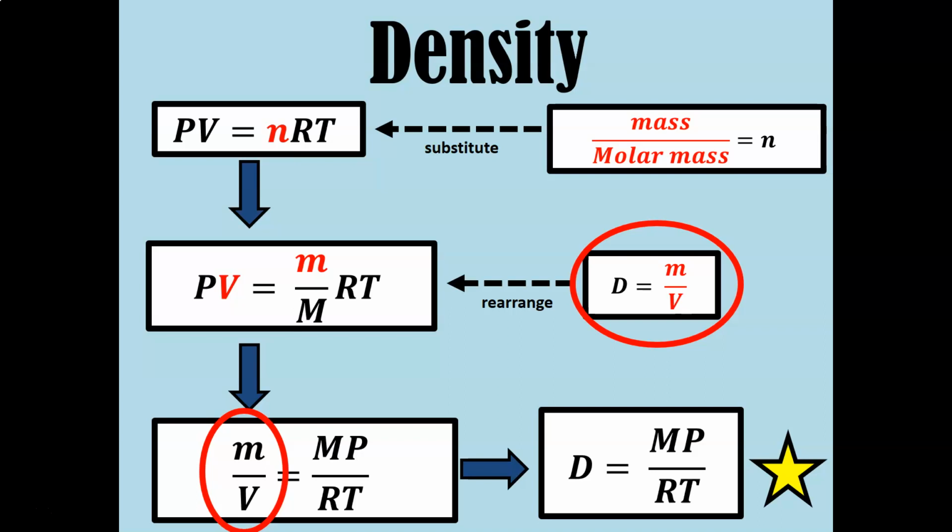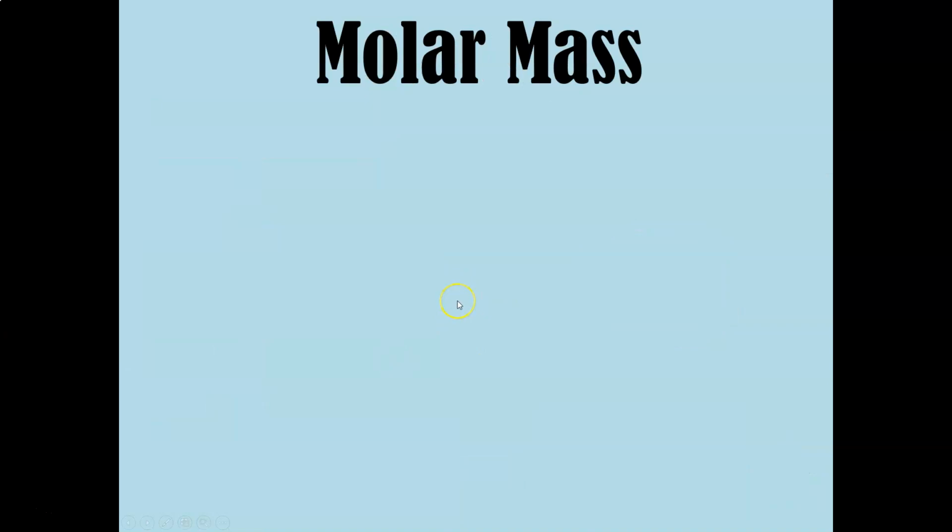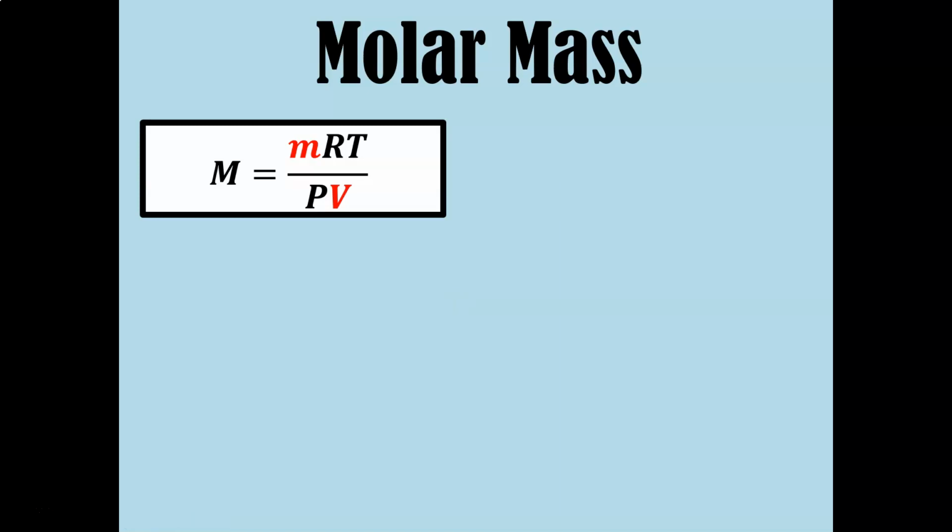So that's one of those handy equations to know or be able to rearrange for. Now I'm going to show you one more about molar mass. This one's a little bit silly. It has a funny way of remembering it. It's a pretty silly way, but it's pretty classic. So here's another way to use density to help you find your molar mass. We have the equation molar mass is M R T over P V. And if you look, that's the same as density, the M and V, right?